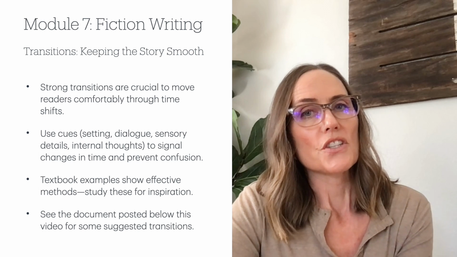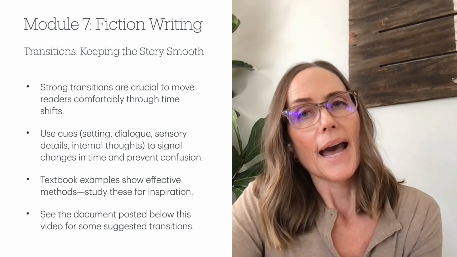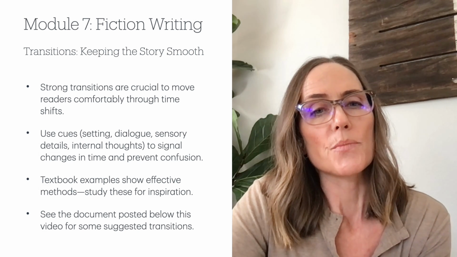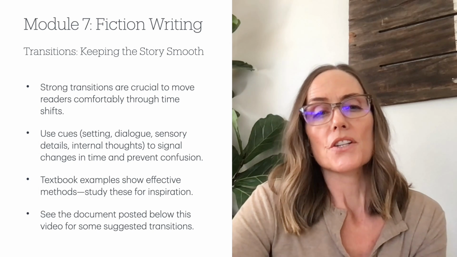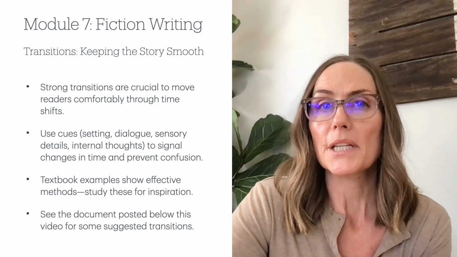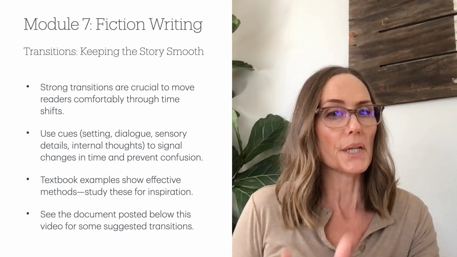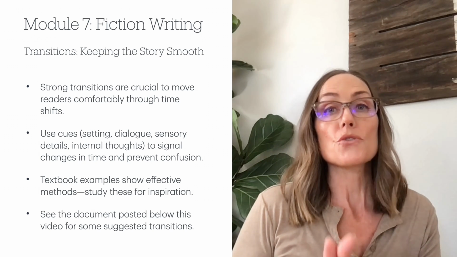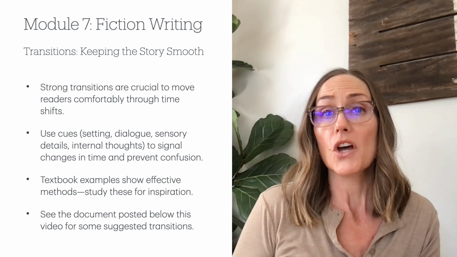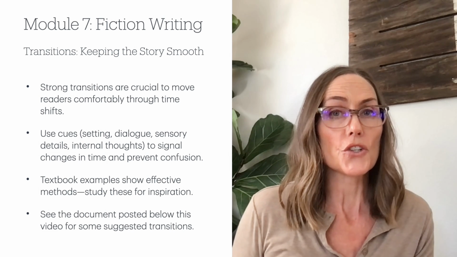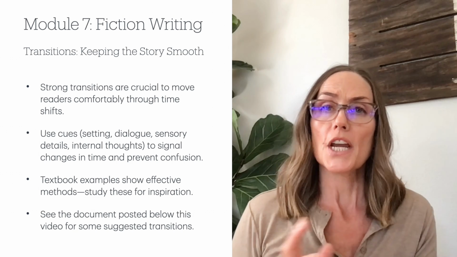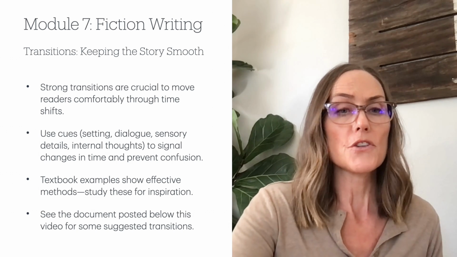Now, why are transitions so important? And how do they keep stories smooth? Strong transitions are crucial to move readers comfortably through time shifts. So, when you're making those flashbacks, those transitions are really important. You need to use cues like setting, dialogue, sensory details, internal thoughts to signal changes in time and prevent confusion.